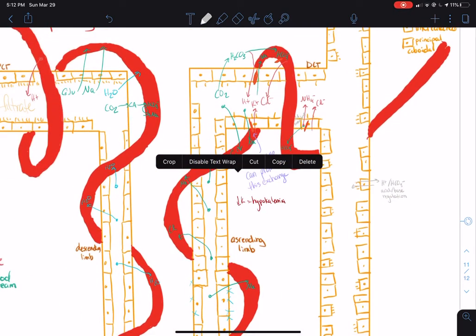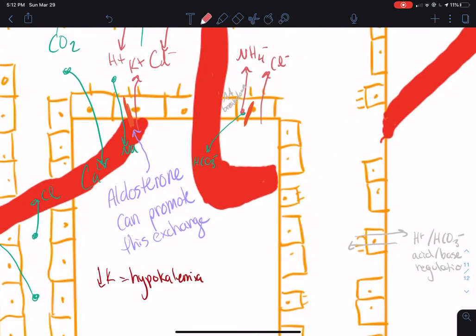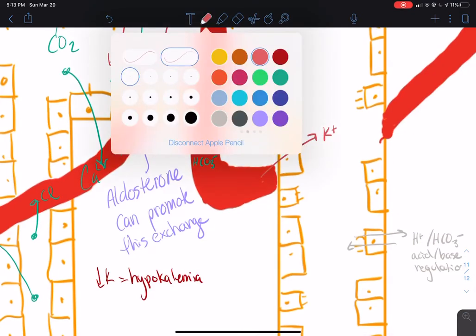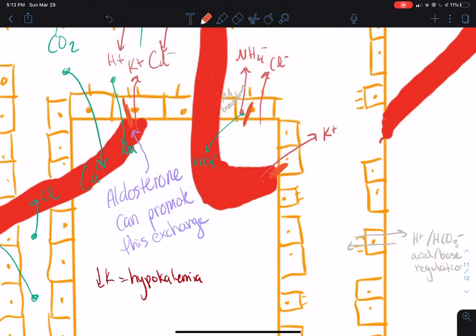The other thing that can happen down here is, again, we'll have another sodium-potassium exchanger. So potassium going in and being exchanged for sodium.